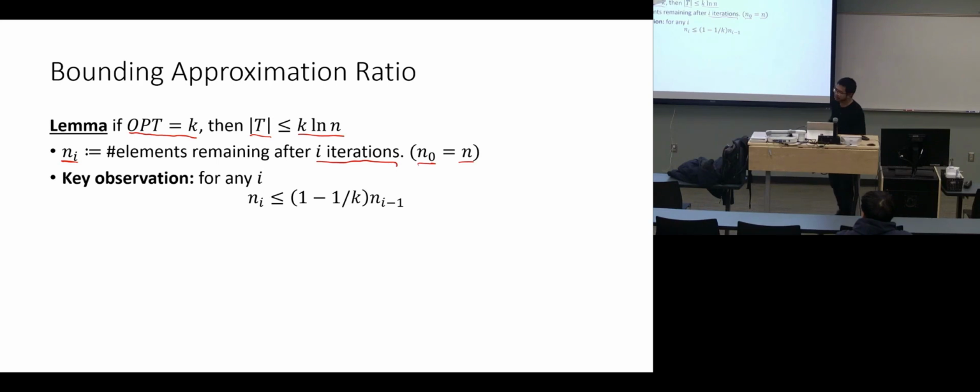So if this is true, this looks good, because we make a lot of progress, like the number of remaining elements shrinks rapidly. But let's try to see why this is true, right? Okay. I give you a few minutes to think about this. Maybe 2 minutes to see why this is the case.